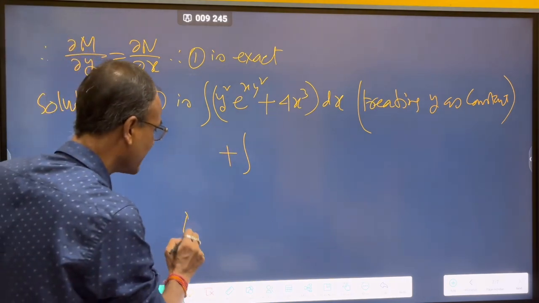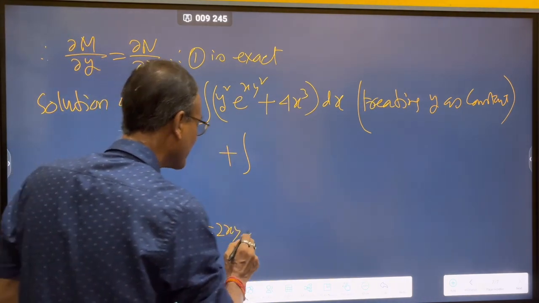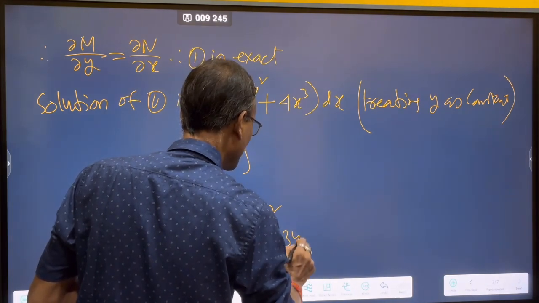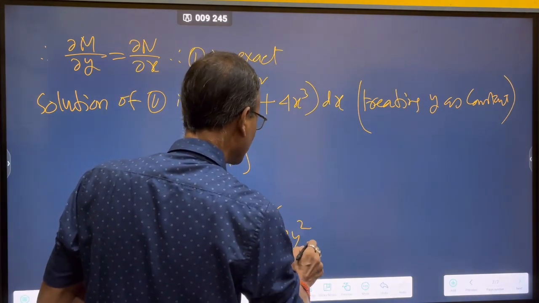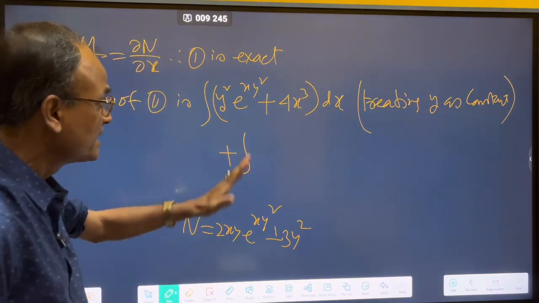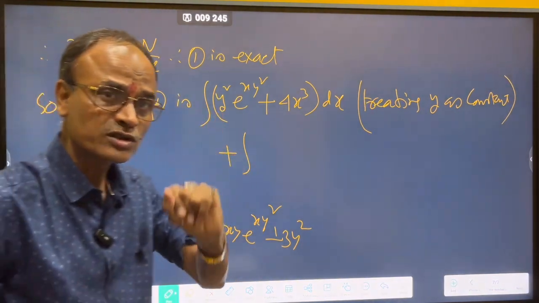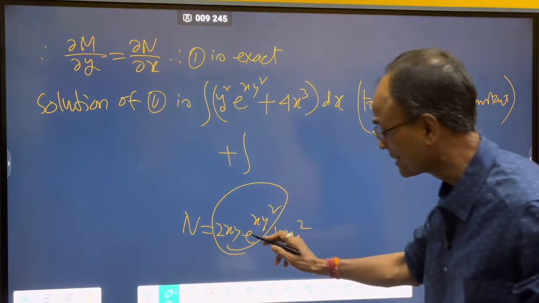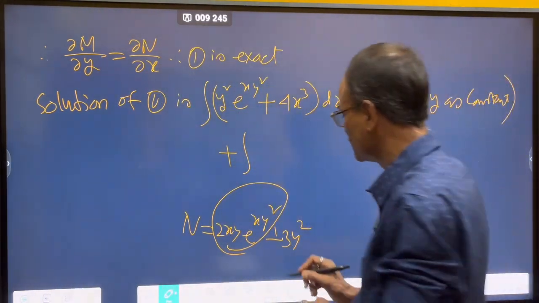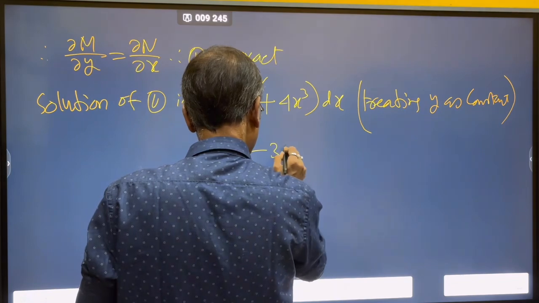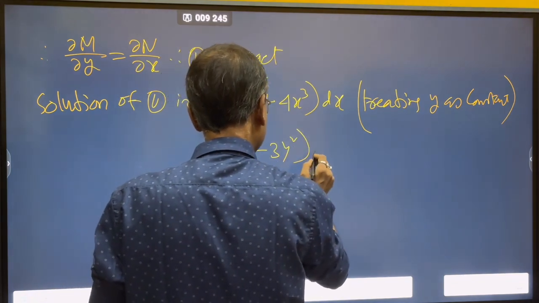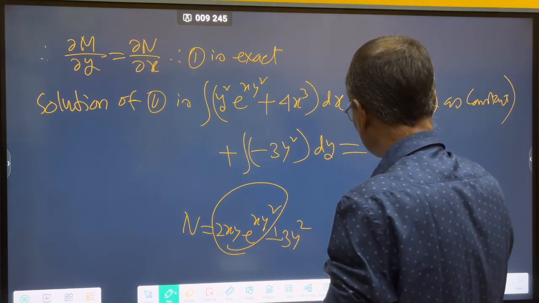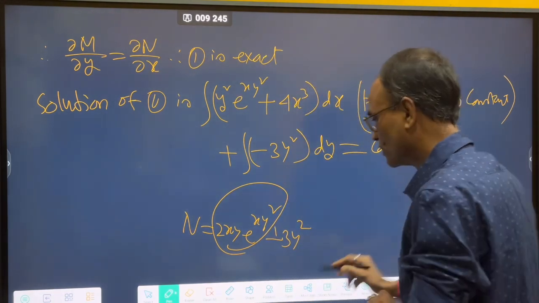N is what? N is equal to 2xy e^(xy²) − 3y². Taking only those terms which do not contain x. This term contains x. 3y², this term is not containing x. Therefore, you may write like this, dy. This is equal to constant.